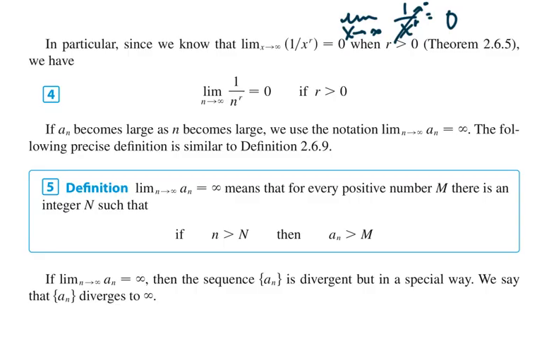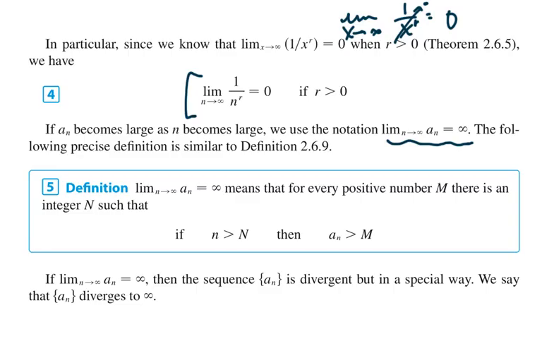So then the limit as n approaches infinity, right here, line number 4, of 1 over n to the r equals 0 if r is greater than 0. So if a sub n gets large, as n becomes large, we say that the limit as n approaches infinity of a sub n equals 0. So here's the definition in number 5.